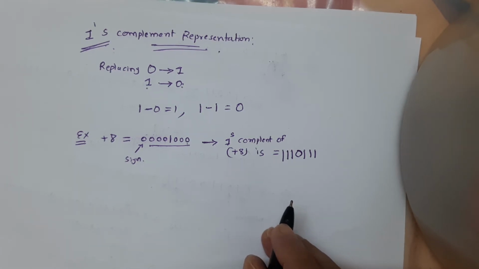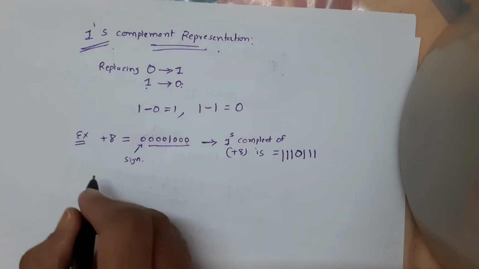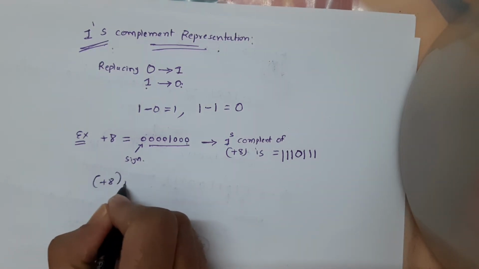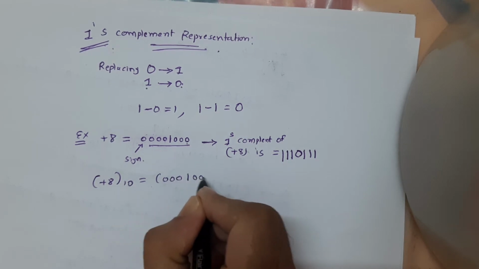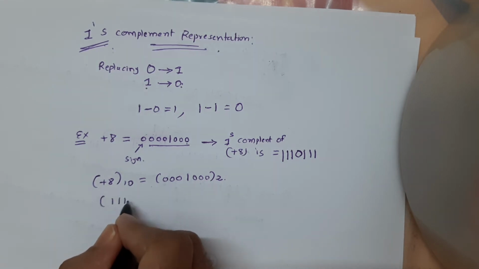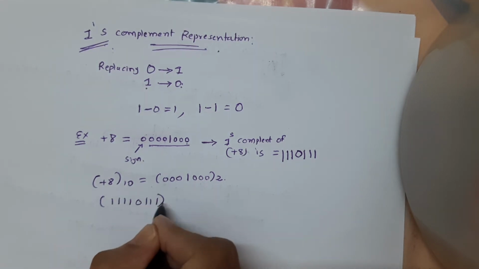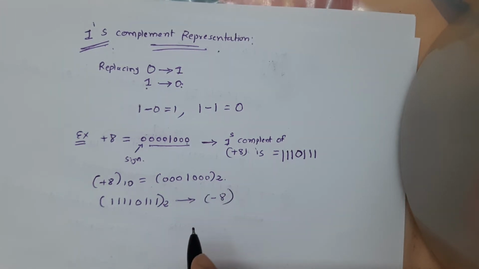Same way here, the ones complement of a positive binary number is negative and vice versa. That means plus 8 in decimal is equal to 0 0 0 0 1 0 0 0, whereas 1 1 1 1 0 1 1 1 represents minus 8 in ones complement representation of a binary number.